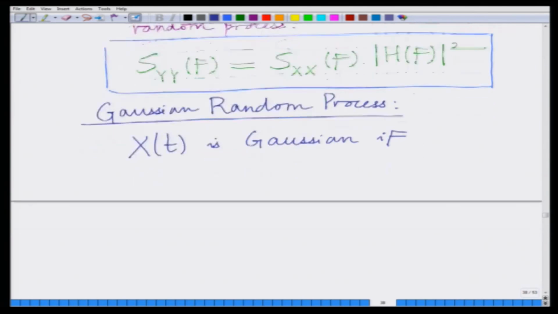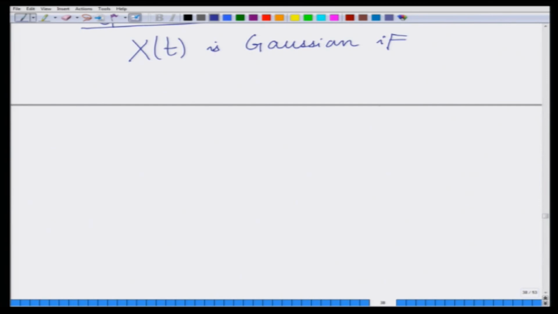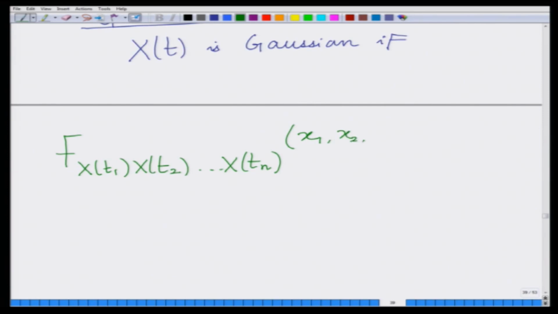if we look at the joint distribution of the random variables X(t1), X(t2), up to X(tn), that is these n random variables.